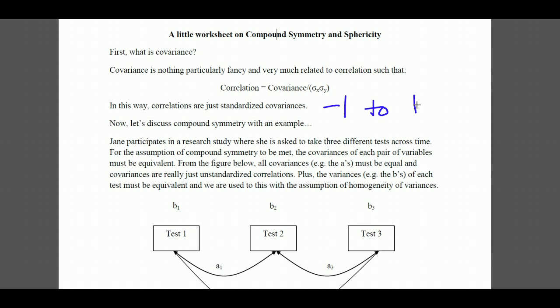So I drew a figure below and have test 1, test 2, and test 3. And so the covariances, or the unstandardized correlations between each test, must be equal. Plus, the B's, or the variances, also must be equivalent to satisfy our assumption of homogeneity of variances.